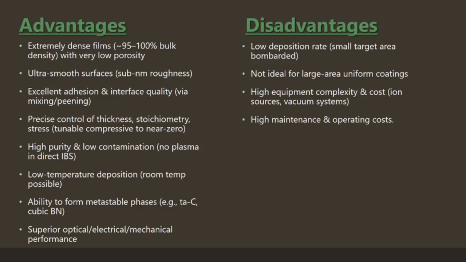Whatever material we get, we will have high purity and low contamination. We can do this experiment even in low temperature deposition, for example using the ion beam assisted deposition method, and we can form metastable phases as well. It can be used to improve optical, electrical, and mechanical performance.